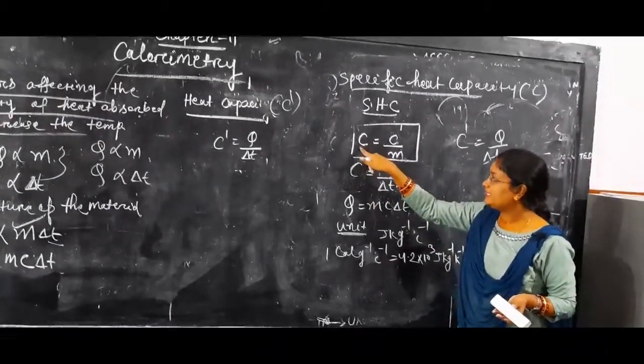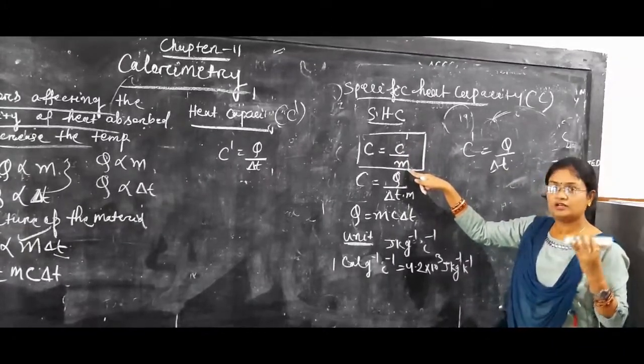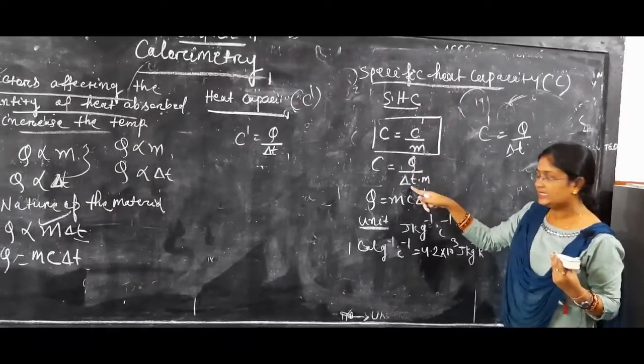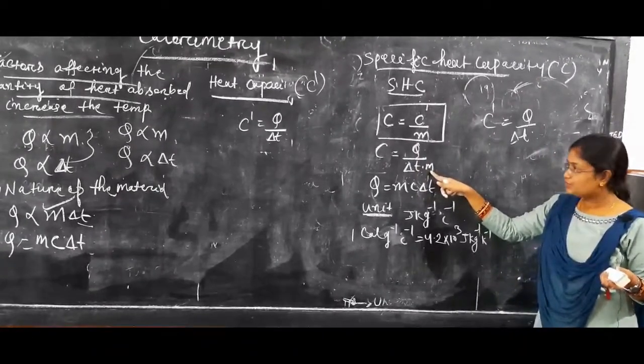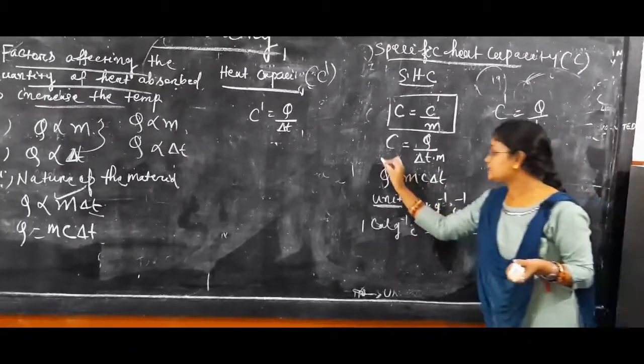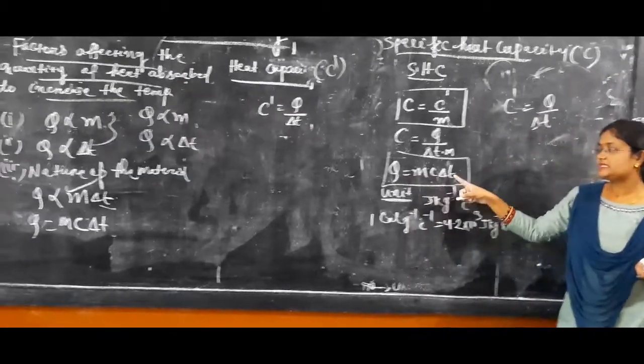So I have written C equals C dash by M, meaning it is specified for unit mass. And we know that C dash equals Q by delta T, so C equals Q by delta T into M. So Q equals M C delta T. This is the mathematical formula for heat.